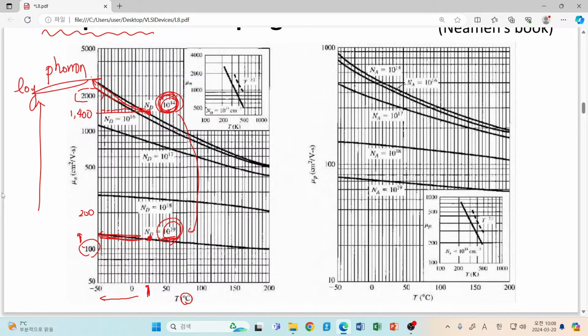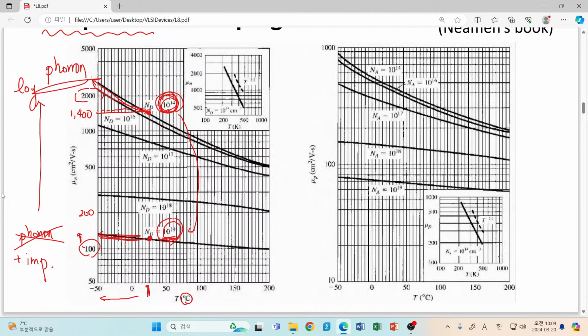However, in the 10 to the 19 case, there are two competing mechanisms, phonon scattering and scattering due to impurities. When you cool it down, you can easily understand phonon scattering will be diminished significantly. However, even in that case, the impurities stay there.